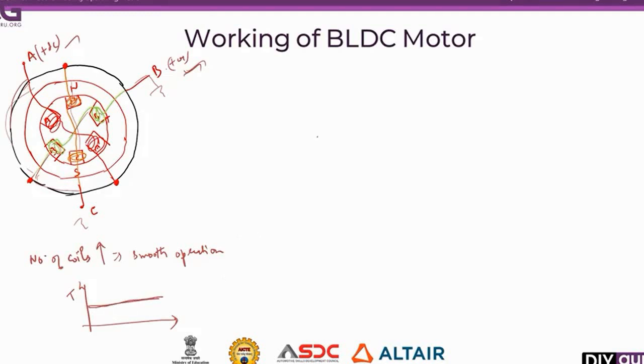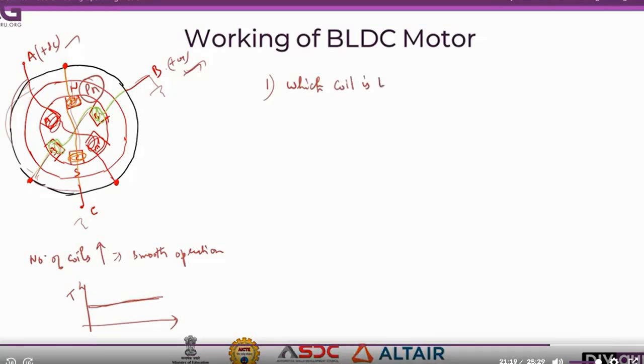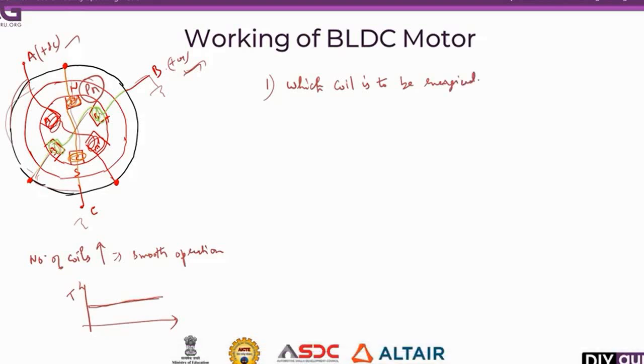Now see here, the major drawback is that we must know which coil is to be energized. This magnet is a permanent magnet, it rotates. So we don't know which coil is to be energized, and second, when it is to be energized.